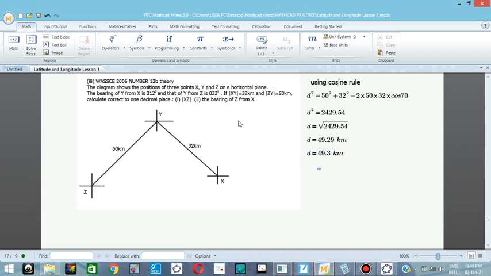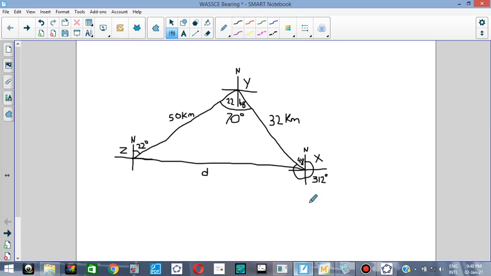If you look at the second part, it says we should find the bearing of z from x. That means from x, if I'm coming from x to z, what is going to be my bearing? So we are talking about this angular turning. If I turn all around like this, down to this line, what is this angle before I move down to z?